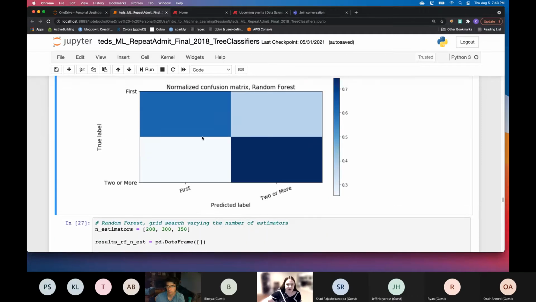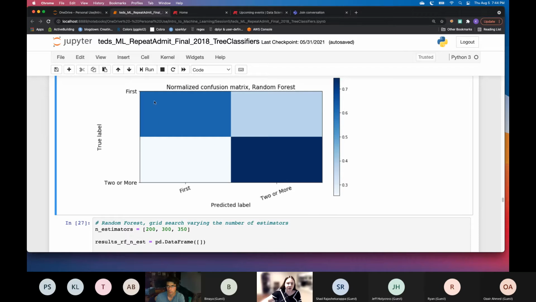And you can see that down here in the confusion matrix as well. So we're seeing the true label here, the predicted label here. The darker is better. So it's predicting 2 or more. So those people who were actually on a second admission or more admission, we got those people right more often than we got the people who were first admission right.